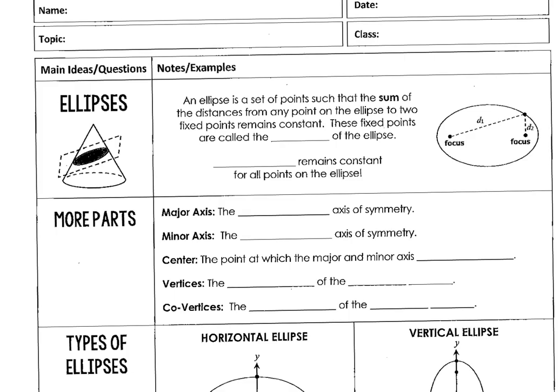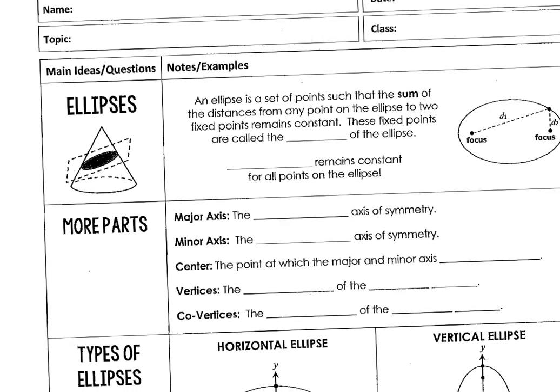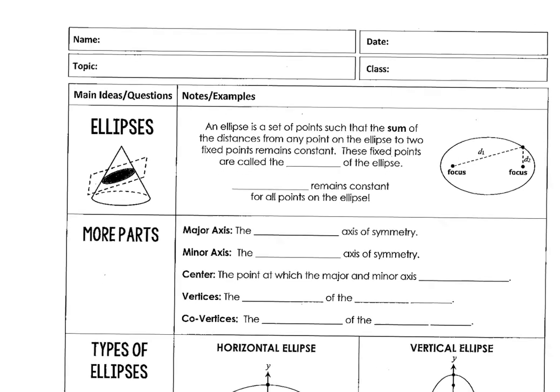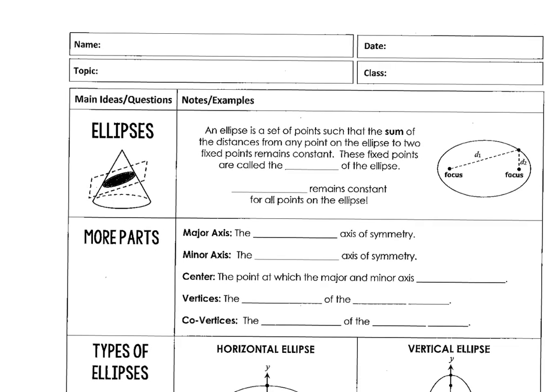When we talk about the plural of those, we call them the foci, kind of like a cactus is cacti, and these are foci because we have two of them.